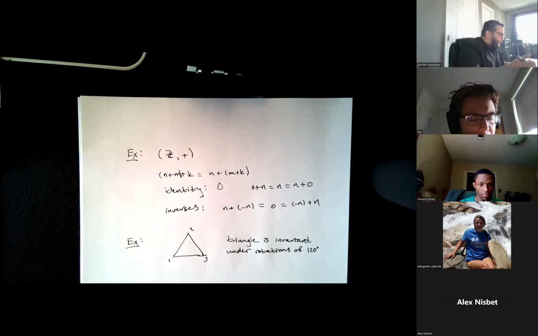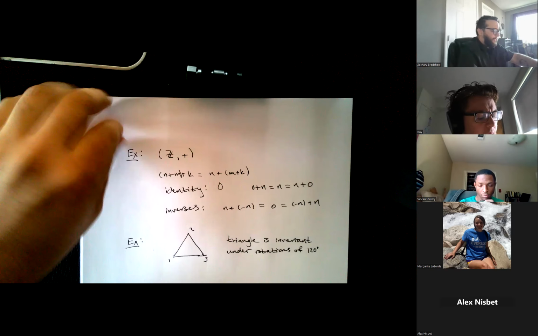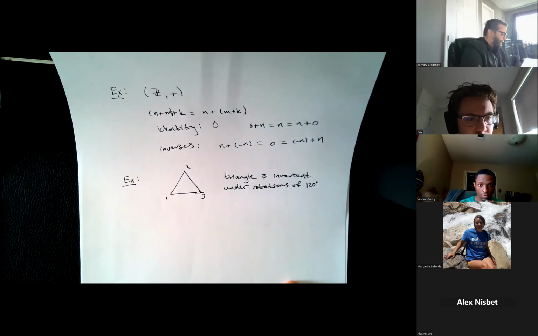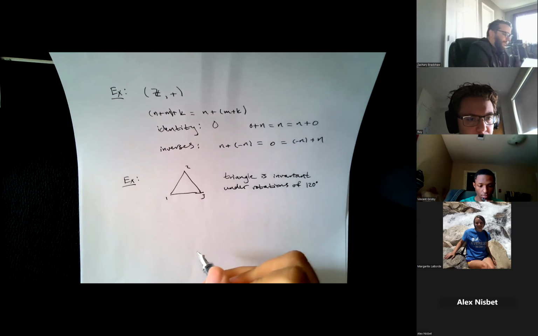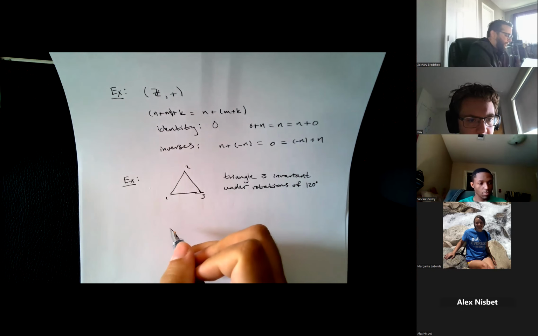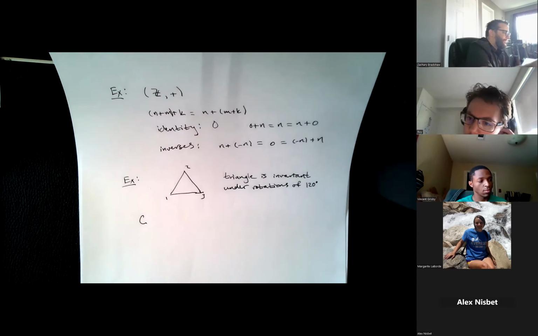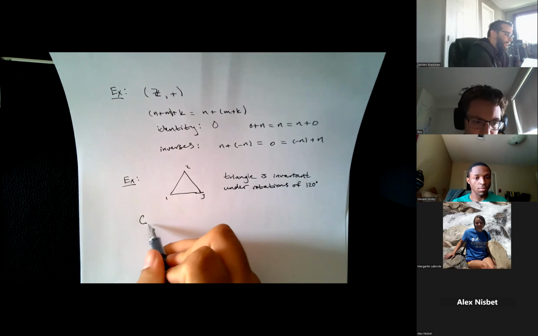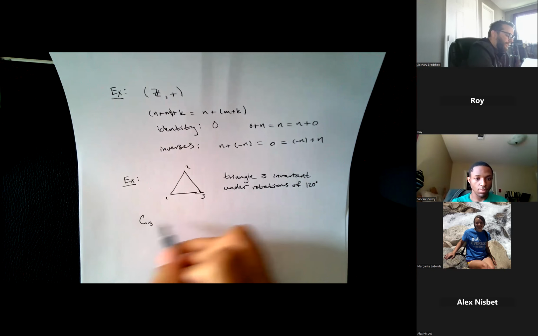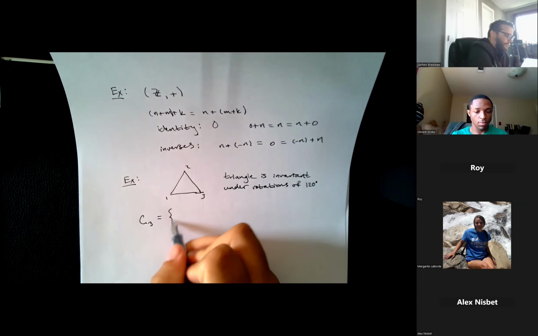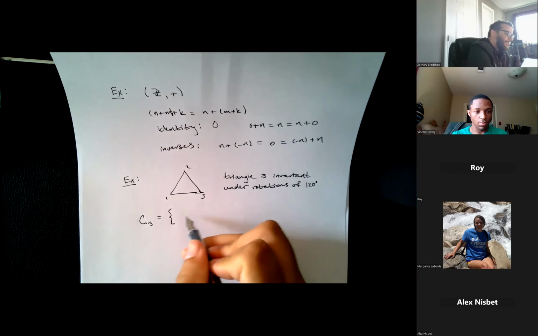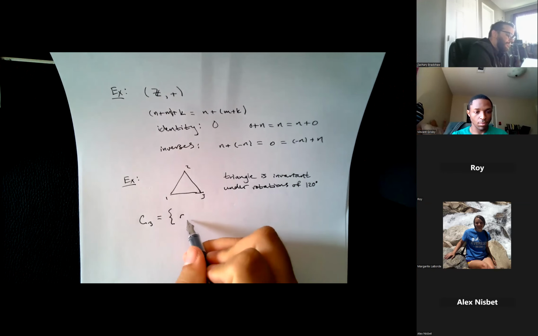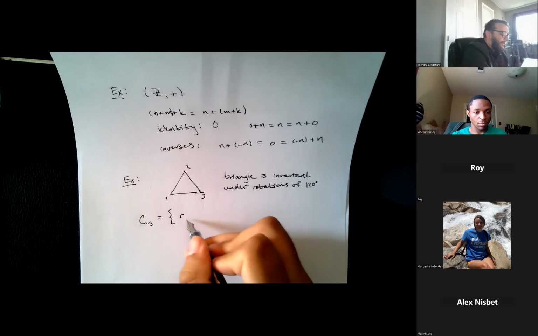So what we can do is we can write a set. For reasons to be seen later, we're going to call it C3. And the set's going to consist of a rotation, which we'll call R. This is a rotation by 120 degrees.